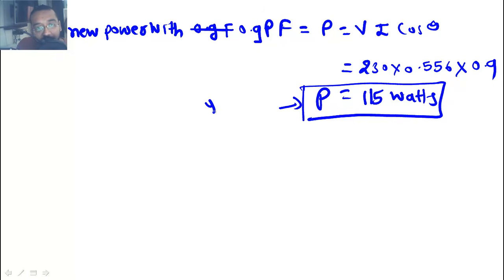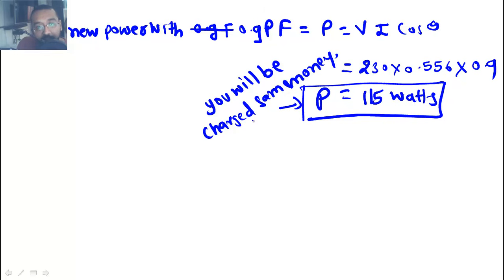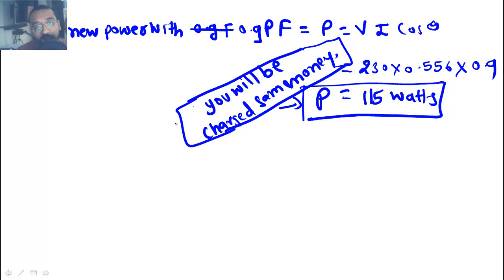You will be charged the same money. So by installing the capacitor at your home, you are being charged the same money.